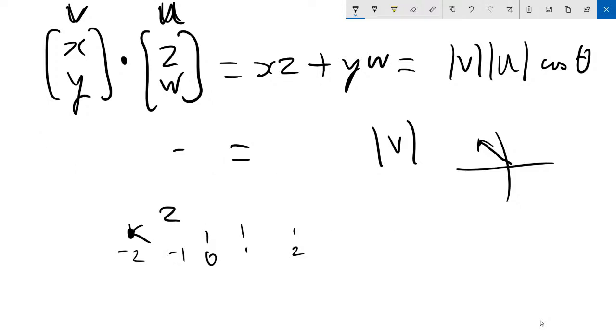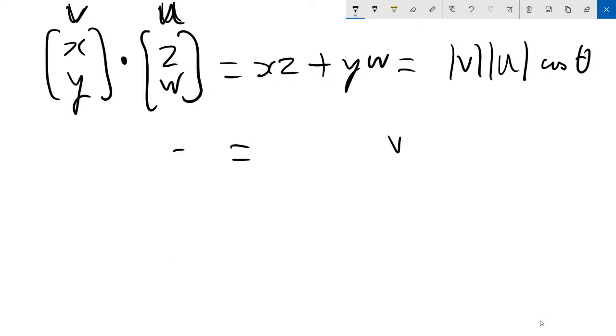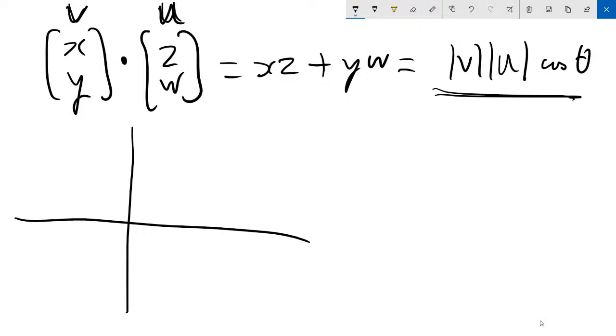Now, if you were to go and watch the linear algebra series on the dot product, what you would notice is that he specifically discusses why this occurs, which happens to be a result of a certain mapping.